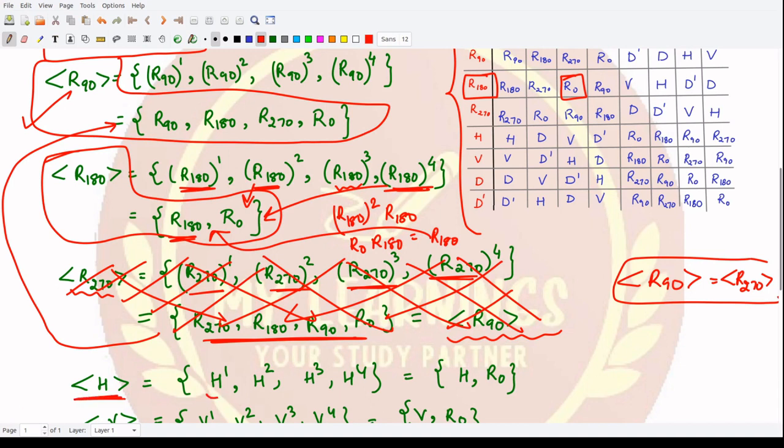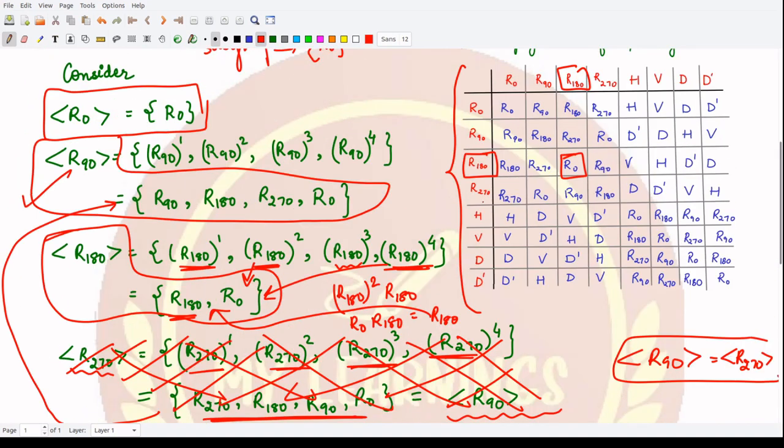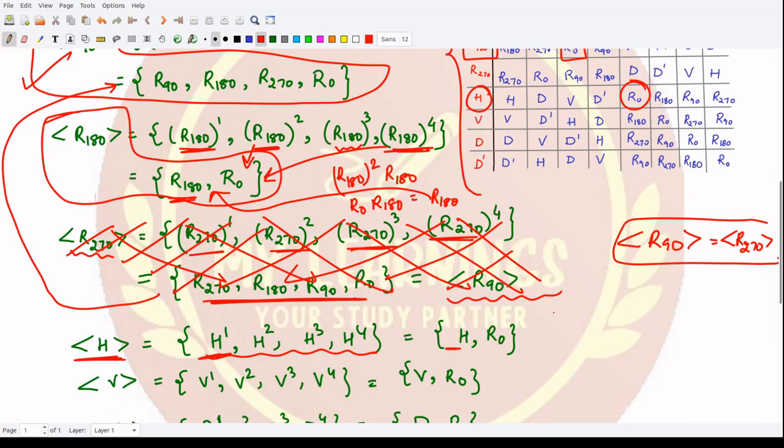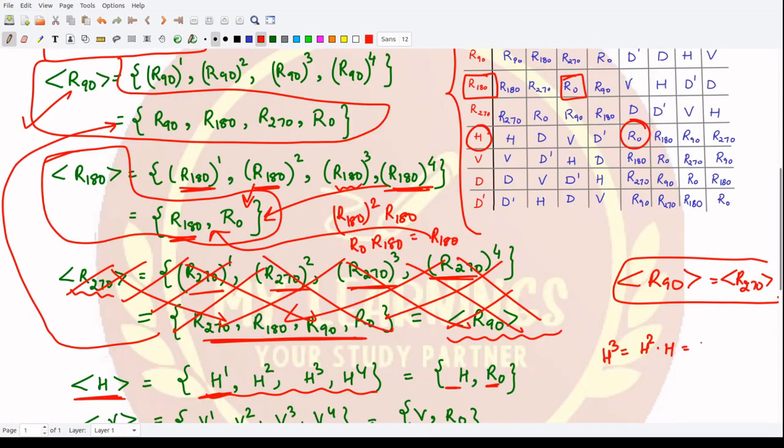So let's take different powers of H. H raised to power 1 is just H. H raised to power 2: H is here, H is here, so it gives you R0, which is the identity element. What about H raised to power 3? H raised to power 3 is H square into H. H square is R0.